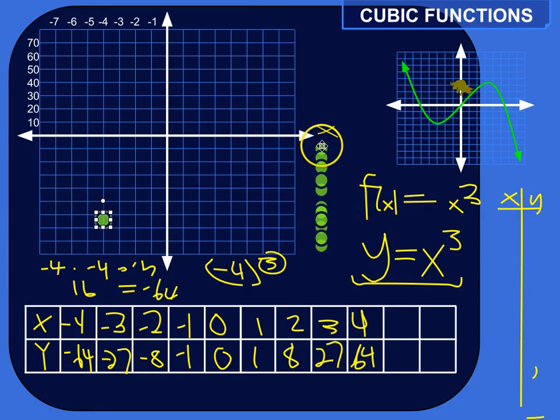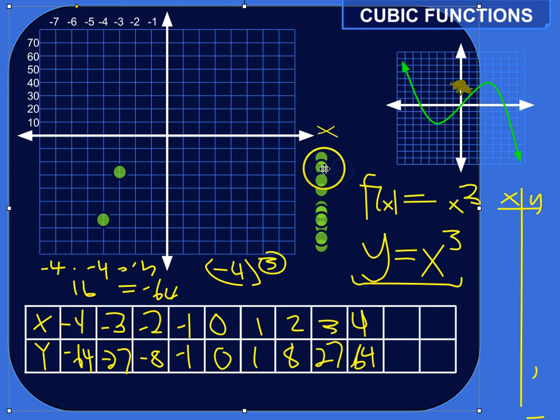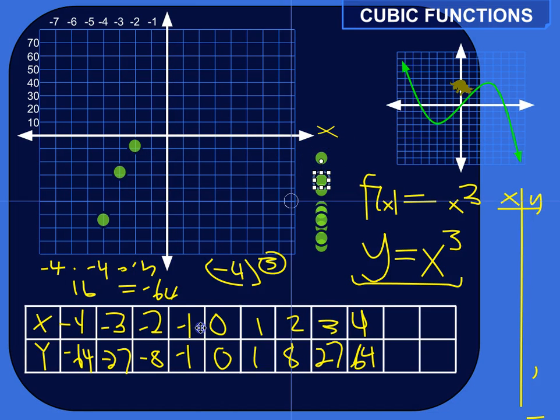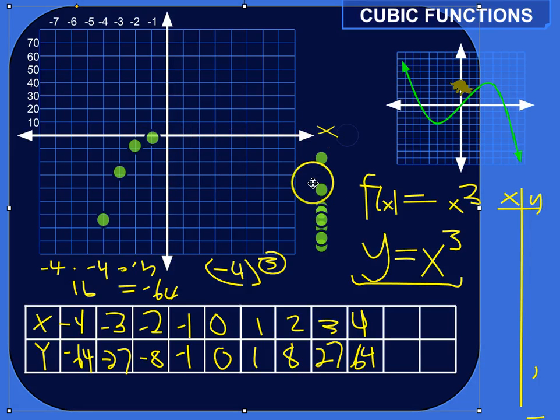Let's say something like that. -3, and -27, so 10, 20, a little bit more, not quite to the 30. -2, -8, so -8 would not be quite to -10, so I'm going to put it there. -1, -1, so just something roughly like that.